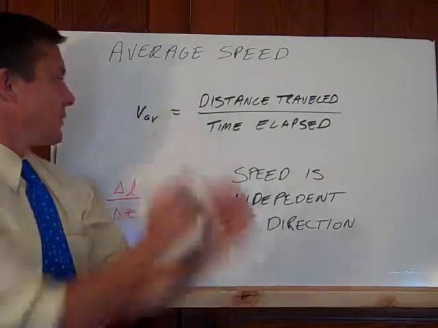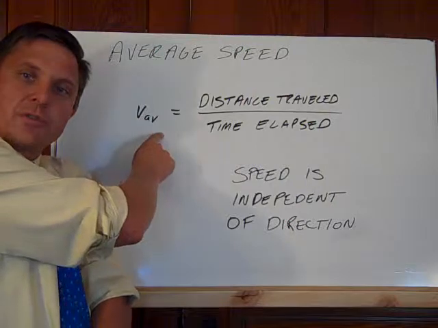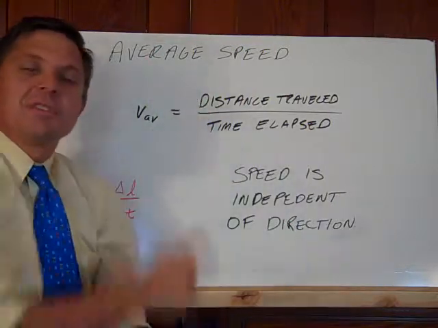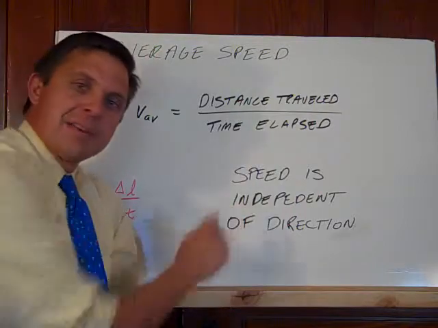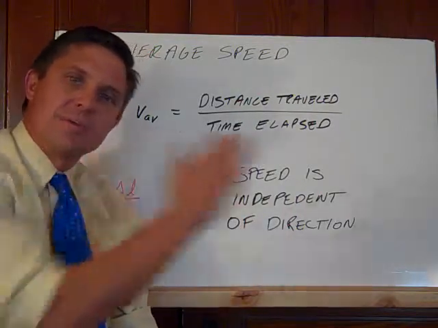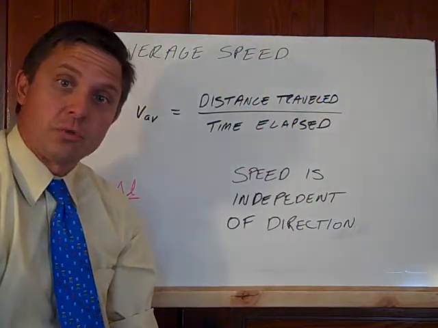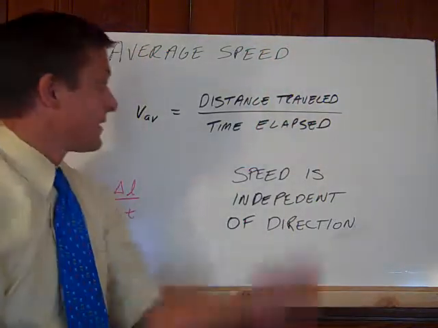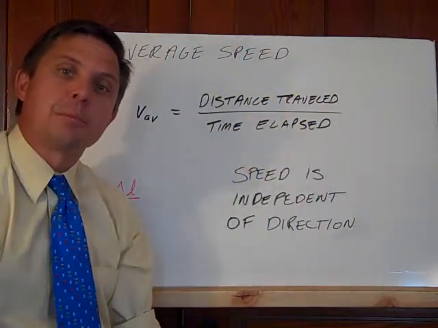And average speed, even though it's called speed, is notated with V of average, subscripted AV, and is simply the distance traveled over an elapsed time. And it's independent of direction. So if I go 5 meters this way, 5 meters this way, that's 10 meters total of travel. And if I do that in 10 seconds, 10 meters over 10 seconds, is 1 meter per second.